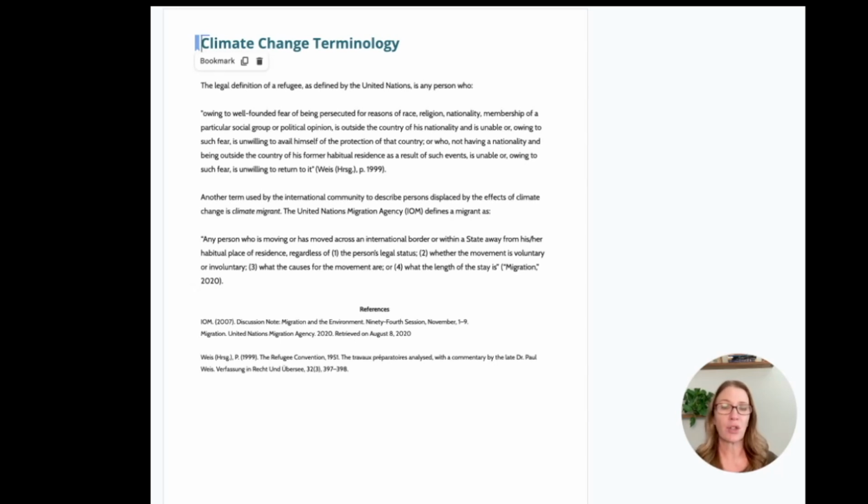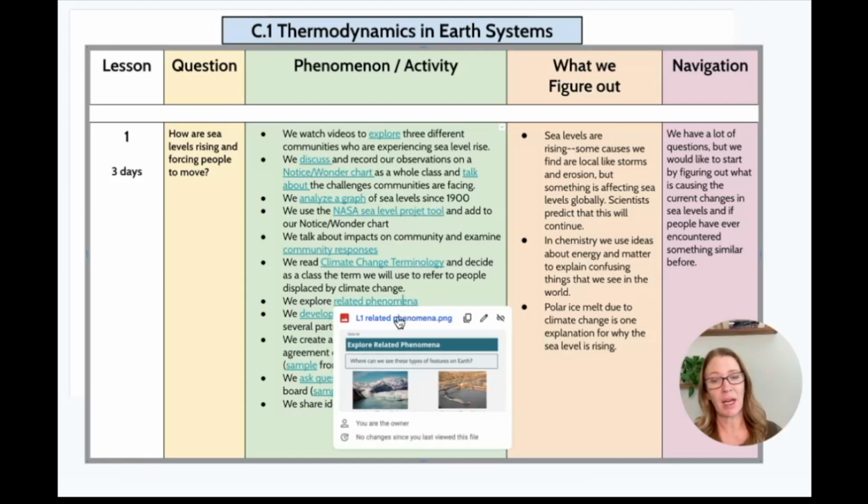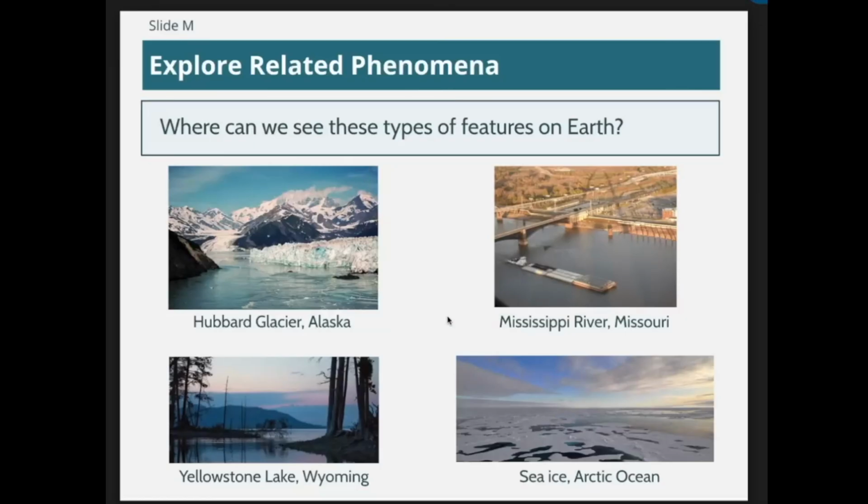One term that's suggested is climate migrant, but you can develop this with your class and determine the term that you all want to use that's respectful to the people that are being displaced. And then we're going to explore some related phenomena. This is a slide. We do not make a poster in this one, but we do talk about where we can see these types of features on Earth.